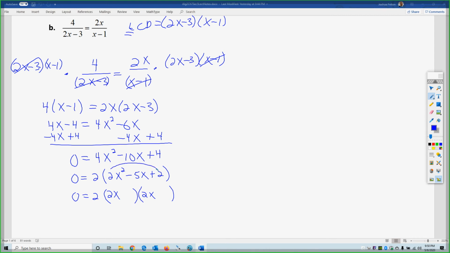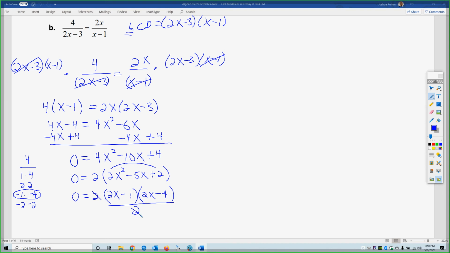So 2 times 2 gives me a 4, which is 1 times 4, or 2 times 2, or negative 1 and negative 4, negative 2 times negative 2. The one that's going to work for us is negative 1 and negative 4, because that'll multiply to positive 4 and add to negative 5. Oh, I forgot the 2 on the bottom, right? Because 2x times 2x divided by 2 gives 2x squared. So that's equivalent there.